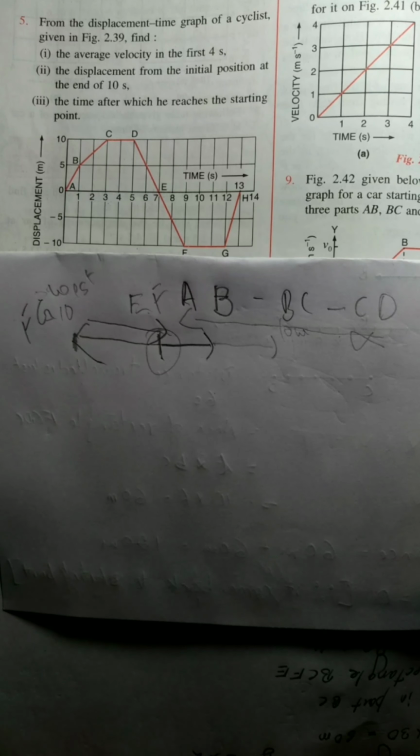So let me revise this again. In the first portion AB, the cyclist is moving faster in a straight line, and then in the portion BC, the cyclist slows down but in the same direction, and in the portion CD, the cyclist stops for 2 seconds, and in the portion DE, the cyclist is coming back to the original position, and for portion EF, the cyclist is going in the opposite direction.